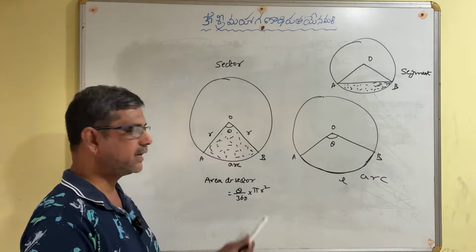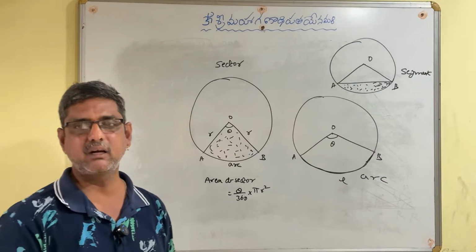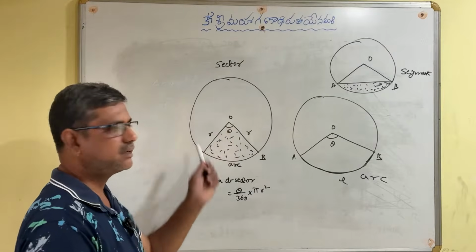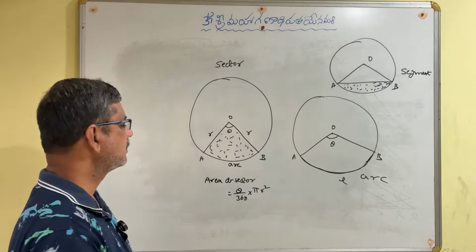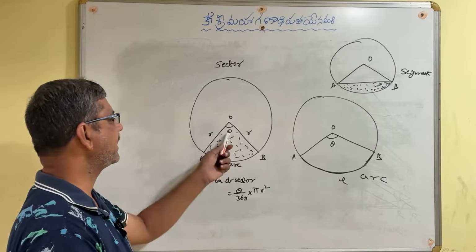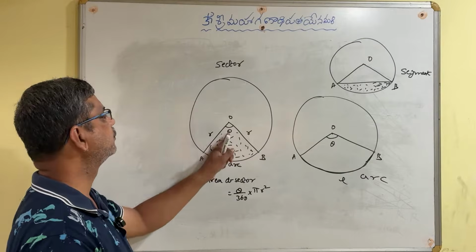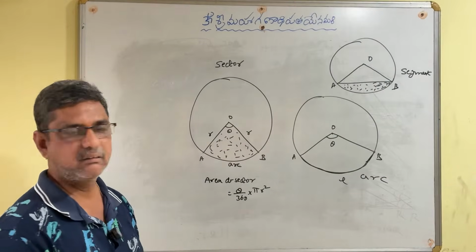Why pi r square? Because sector is a part of circular region. Means how much part it depends upon the angle of the sector. Angle between the two radii, we can call it as angle of sector.